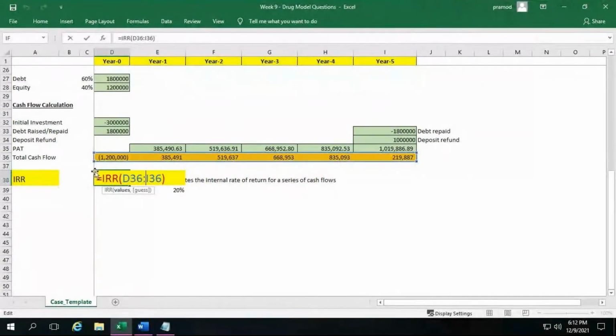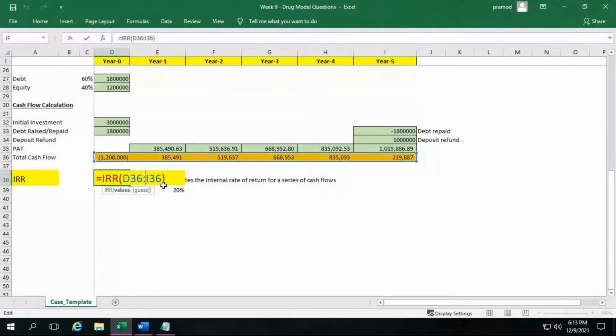Same answers I have. You just edit the formula, see the formula, exactly. I'll see, sir. Wait. For me also it is showing D36 into one I36.